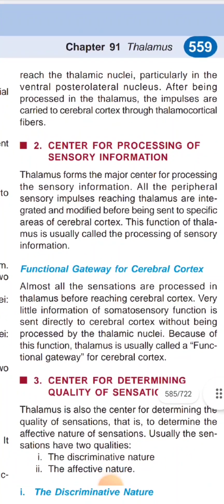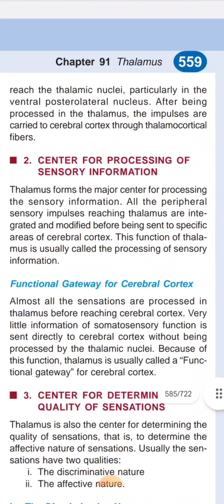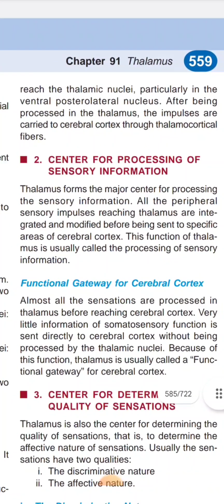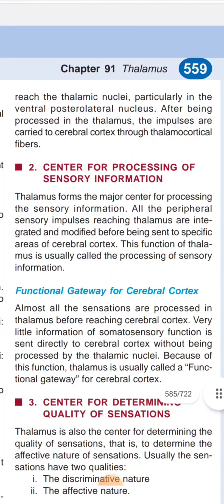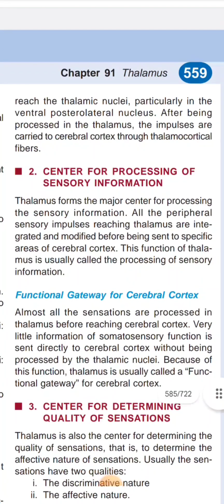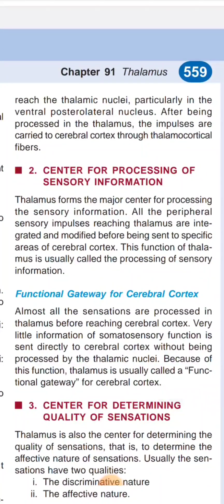So all the peripheral sensory impulses reaching the thalamus are integrated and modified before being sent to the specific areas of cerebral cortex. In the thalamus, all the sensations have to be differentiated.